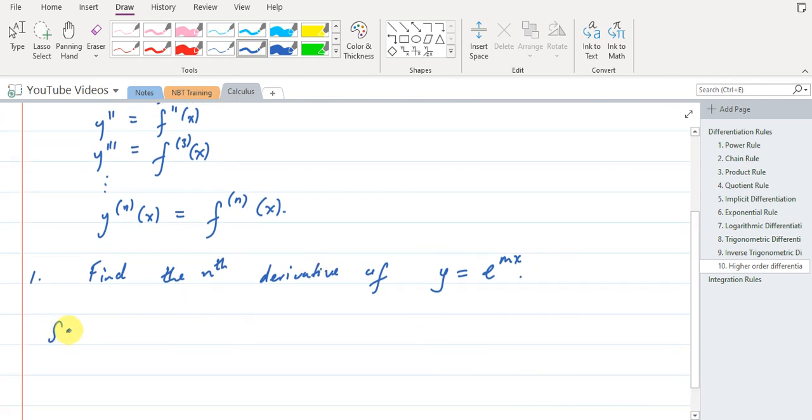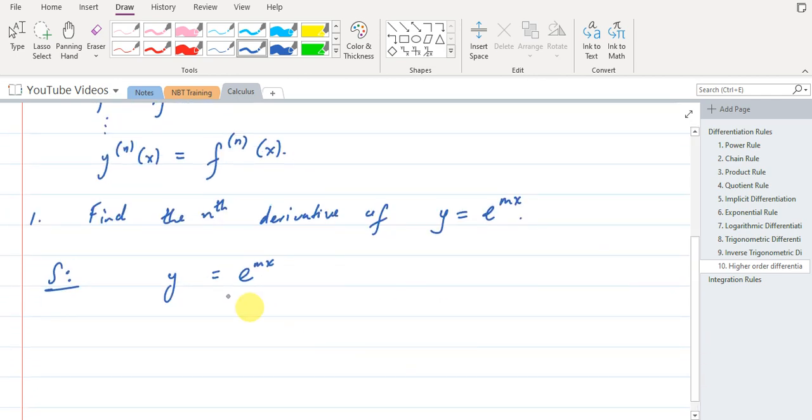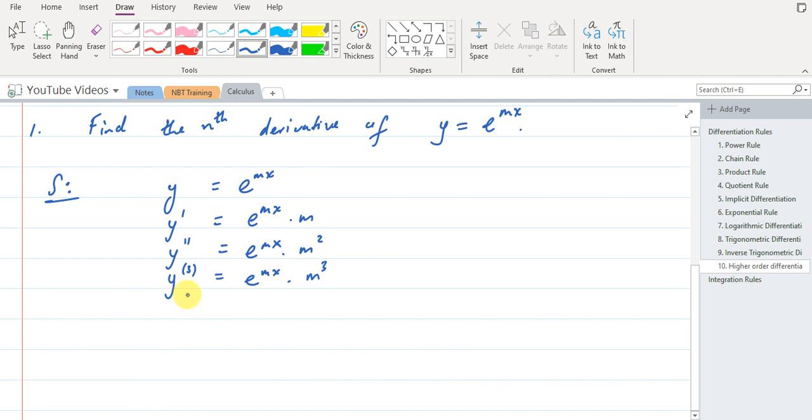Solution: we can start off with y is equal to e to the power mx, the zeroth derivative. Then the first derivative is e to the power mx times m. The second derivative is e to the power mx times the derivative of the top, again, it's going to be m squared. The third derivative is e to the power mx times m cubed. Then we can find the general pattern.